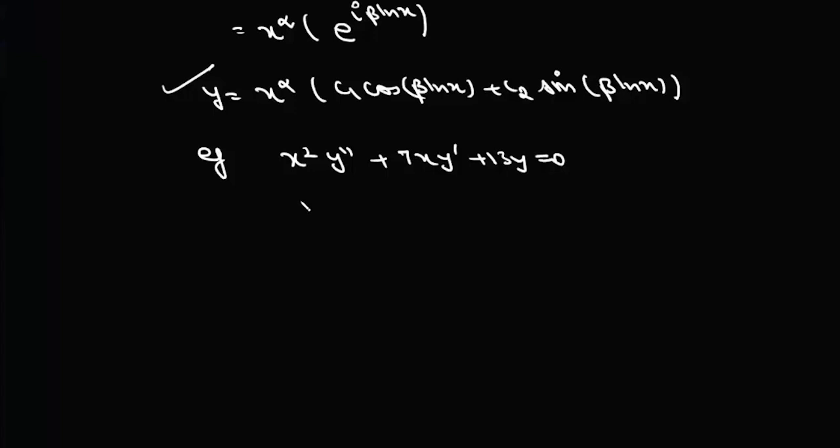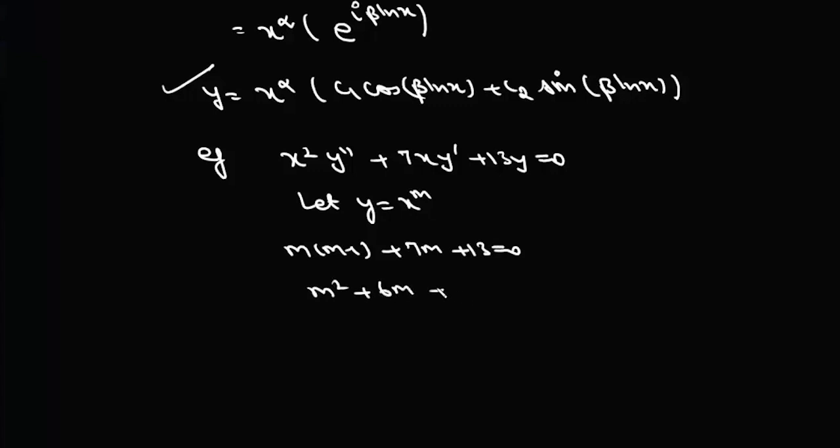Now again we let y as x to the power m, so it will be m into m minus 1 plus 7m plus 13, it is equal to 0. So we can write this as m square plus 6m plus 13 equals to 0. Now this is m plus 3 whole square plus 4 equals to 0.